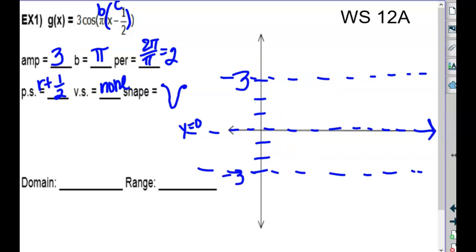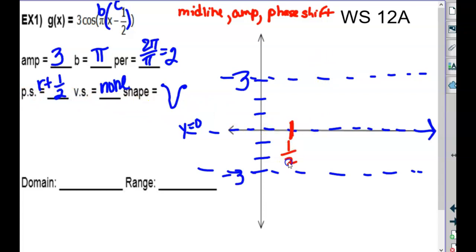So if you're taking notes, midline first, then address the amplitude, and then address the phase shift. So the phase shift is to the right 1/2. So we're going to start over here at 1/2.